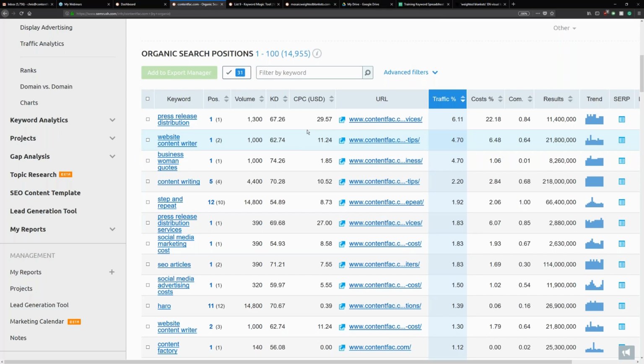We're going to get into that a little bit later, as far as how to juggle all the numbers that you're looking at and making sense of them, and whether this is a keyword that I should go for or shouldn't. But just know in general that the higher this number is, the more difficult it's going to be to rank for. The lower, the easier it is going to be to rank for.